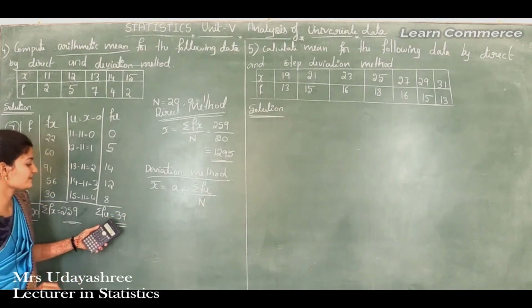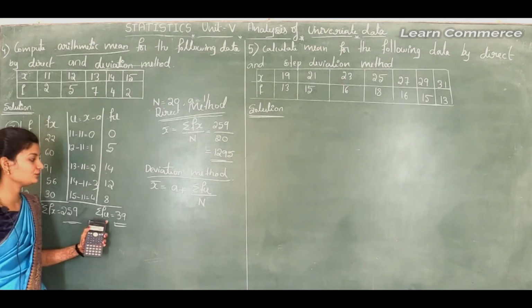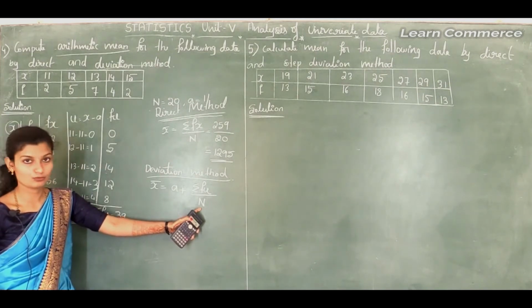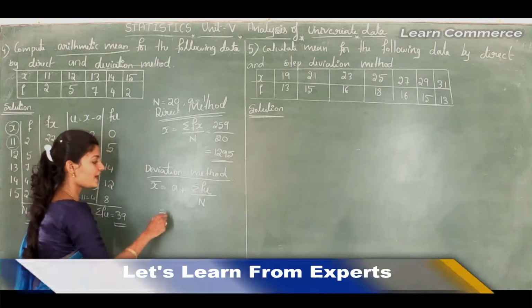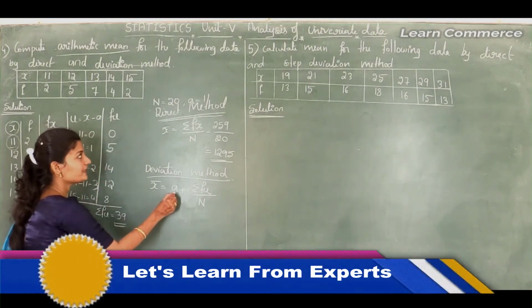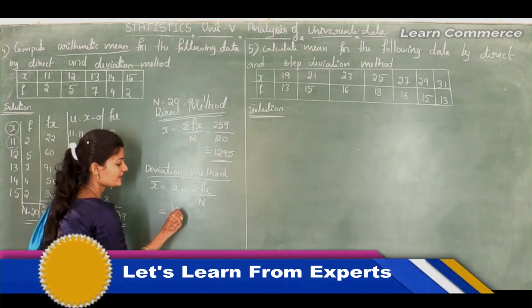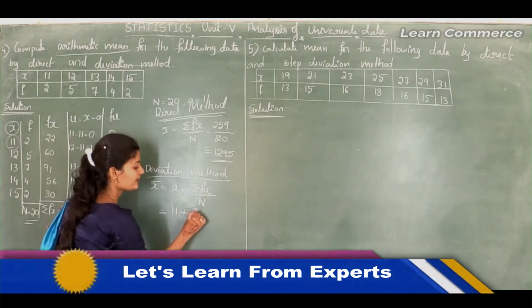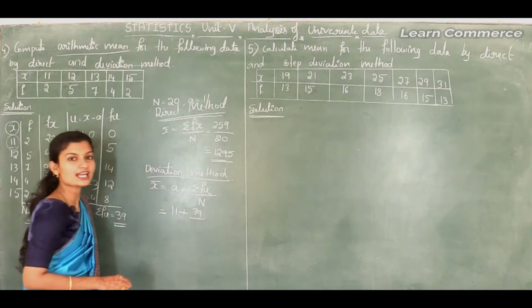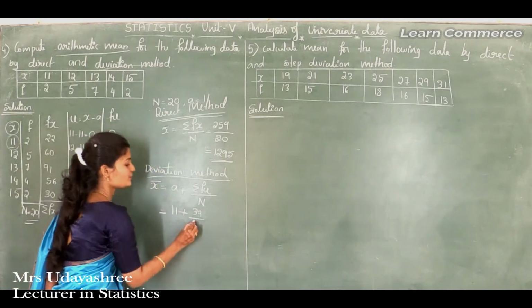Now we got the sum of f into u, and we have n and a. Now I will substitute all these values into the formula. What is a here? A is 11, plus the sum of f into u, which is 39, divided by capital N, which is 20.